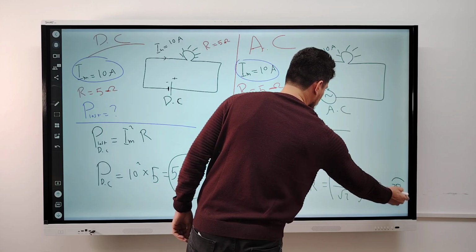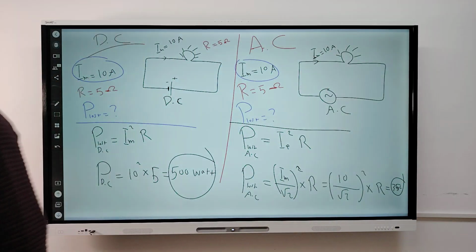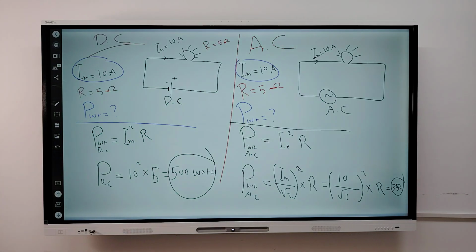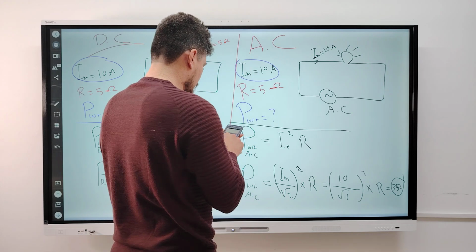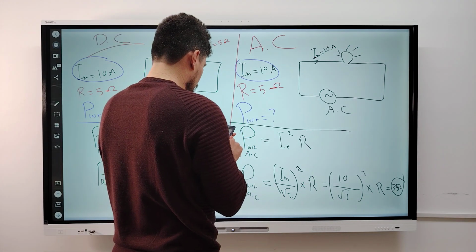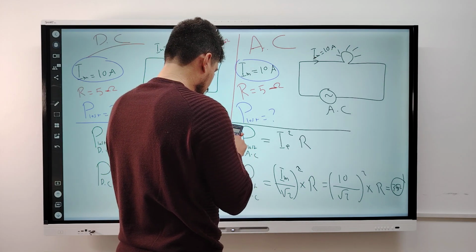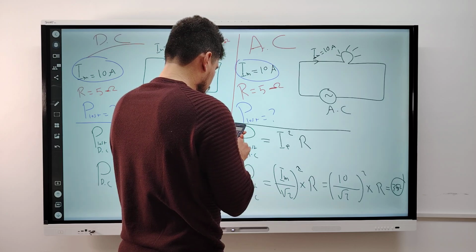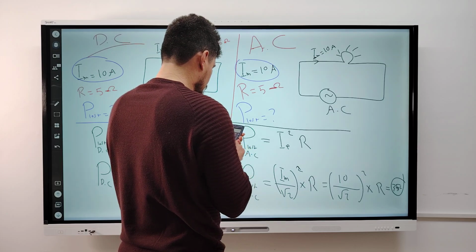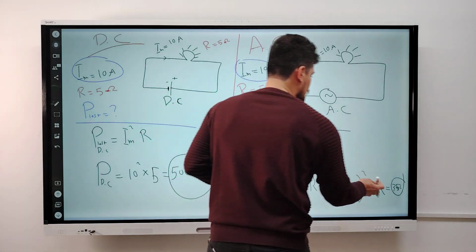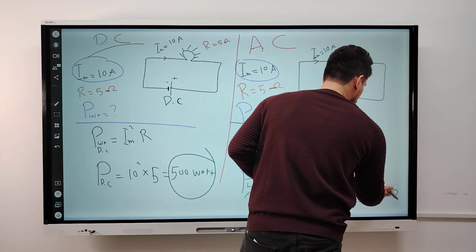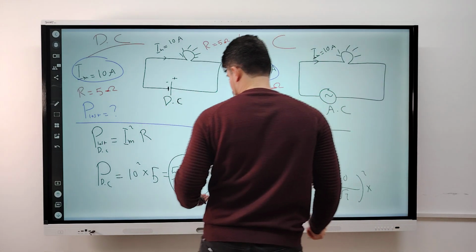I don't know, we have to calculate. I'm going to bring my calculator. By calculator, 10 divided by radical 2, squared, is equal to 50, times 5 is equal to 250.